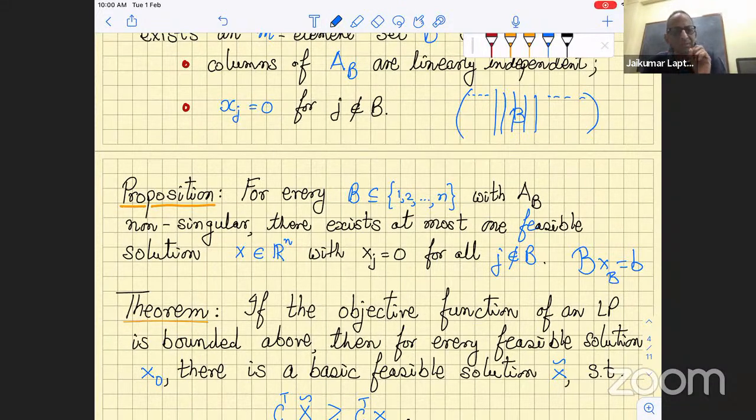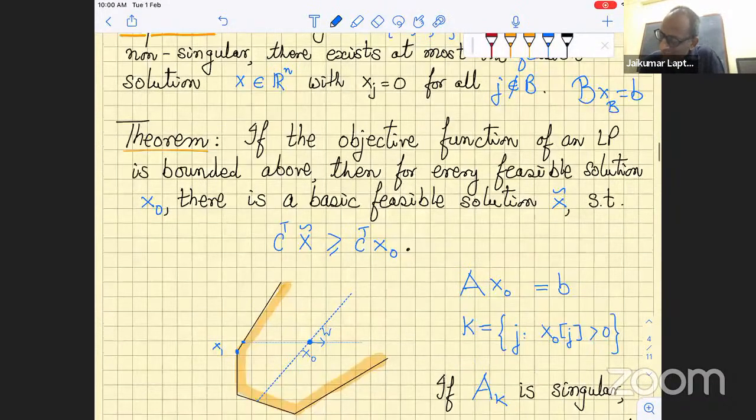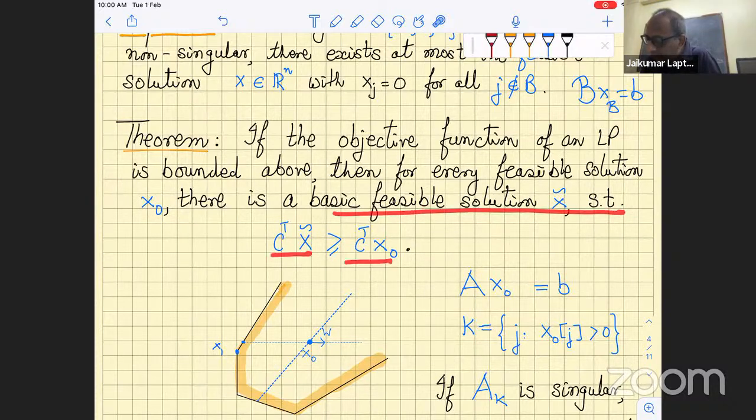So let me just say it and read out what is written. If the objective function of an LP is bounded above, we are looking at maximization LPs, then for every feasible solution, so you give me any feasible solution, there is a basic feasible solution which does as well.